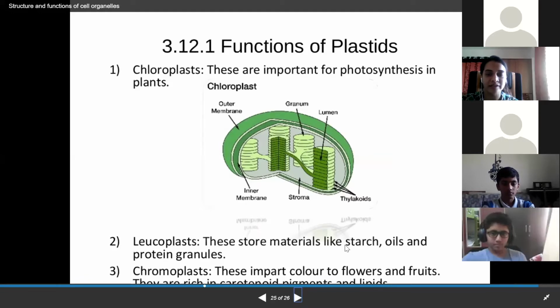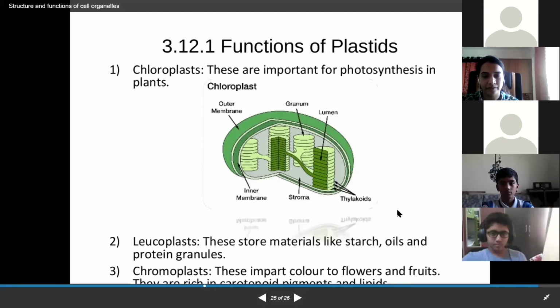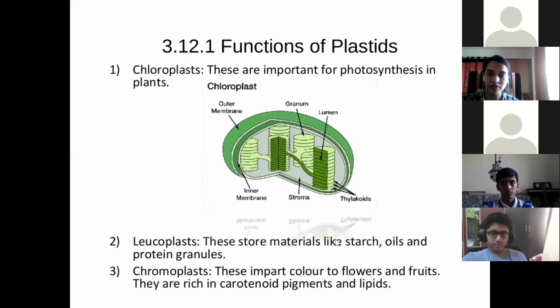They store material like starch, oils, and protein granules in the cell, and chromoplasts impart color to the flowers, and they are rich in carotenoid pigments and lipids. Carotenoids are again related with the orange color of the cell.